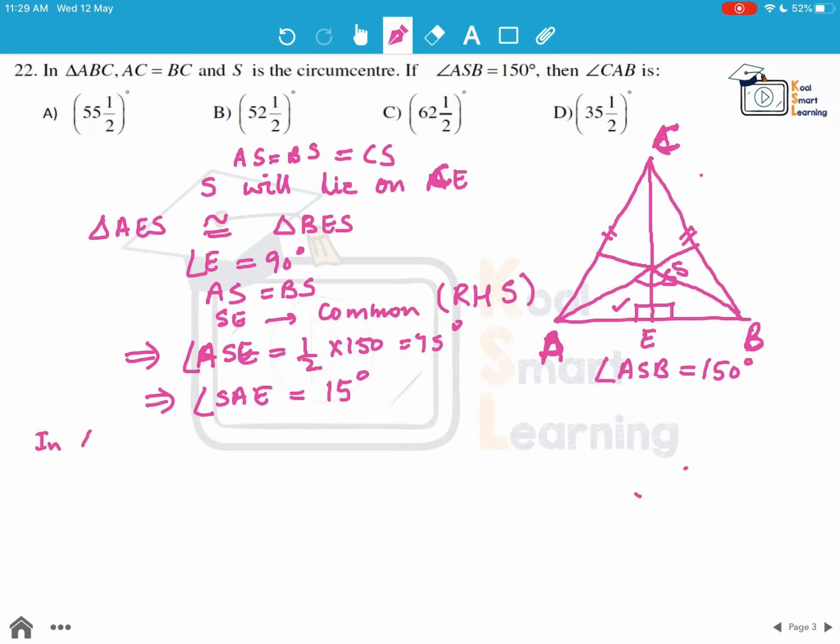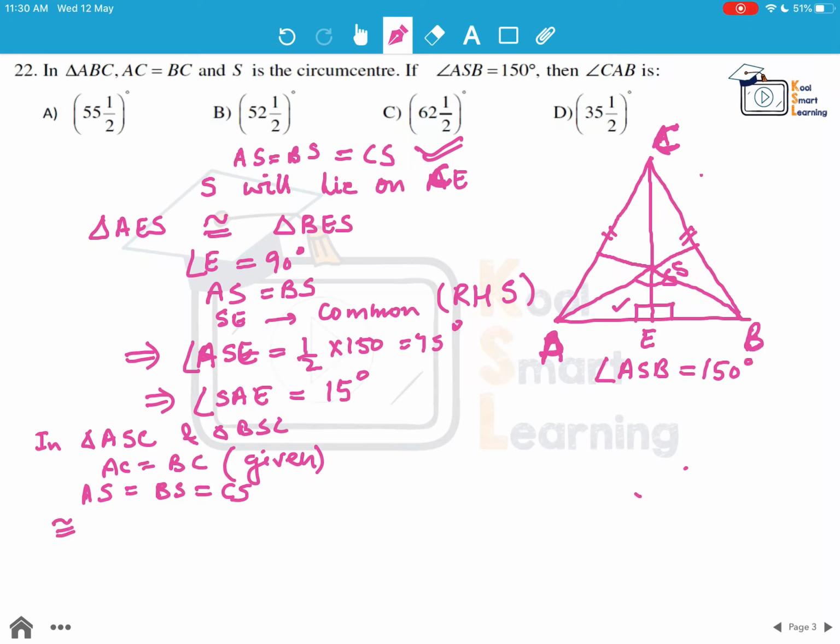Now if we see triangle ASC and triangle BSC. Now here it is given that AC is equal to BC, given in the question, and AS is equal to BS is equal to CS. We've already mentioned in the first step. So this would imply that these two triangles are congruent. Triangle ASC is congruent to triangle BSC.